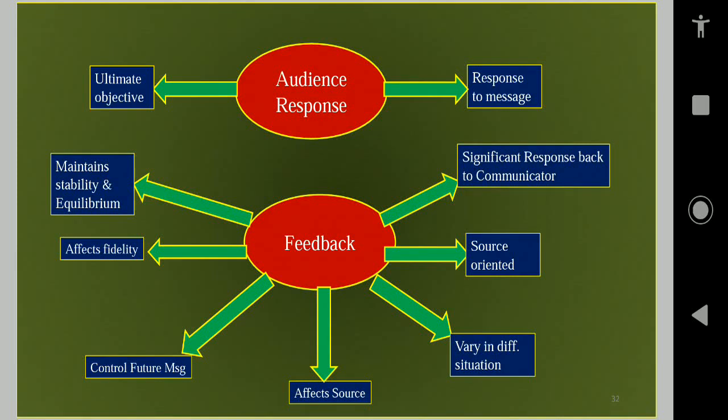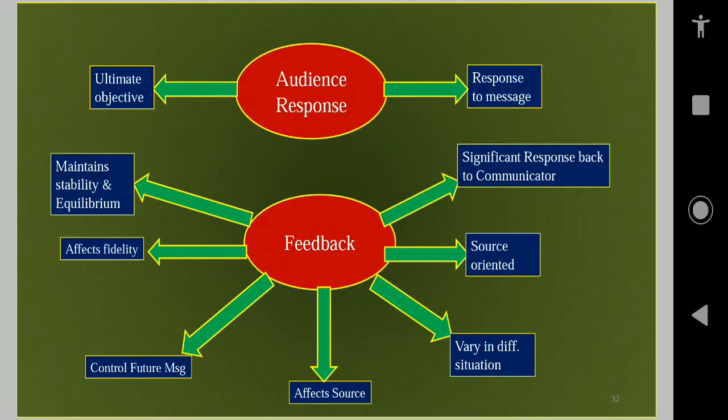Until the desired action results, extension communication does not achieve its most essential objective. The possible kinds of response to messages received are almost infinite. Here it is feedback. Feedback is source oriented.